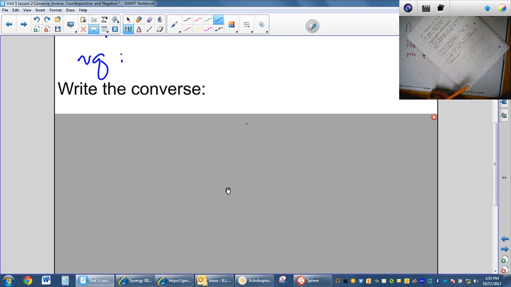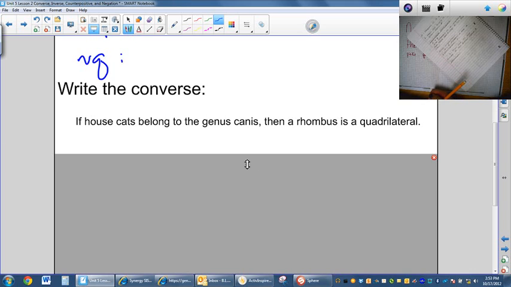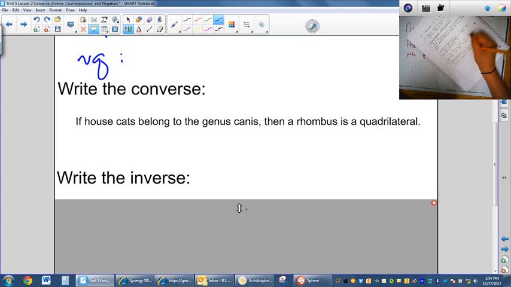So the converse would be what? Correct. That is the converse.